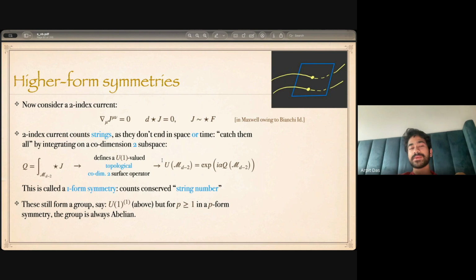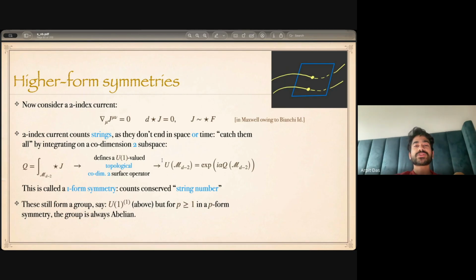So in this example that we saw of free Maxwell, as I said, due to the Bianchi identity, we have such a conservation. And if you go back to high school physics, why do we have the Bianchi identity? That essentially captures the Gauss law for magnetostatics, which says that there are no monopoles.